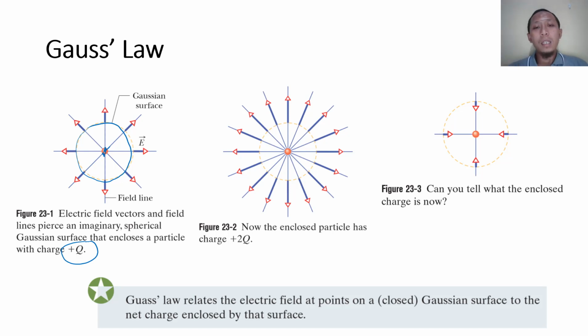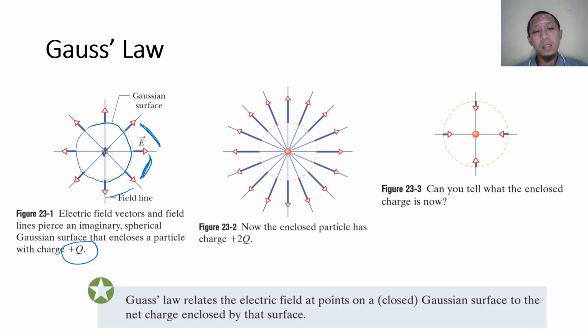And then if the electric field is like this one, the gap between one electric field line and another electric field line is far away like this one. So the charge is not very large like this one.